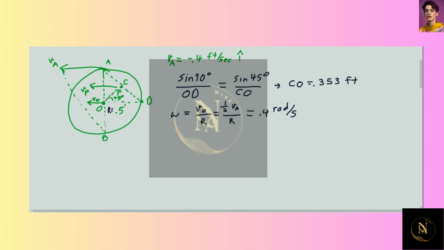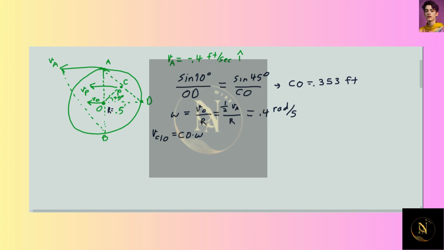Okay, so next we would like to find the velocity of C with respect to the origin. And that will simply be the length of CO, which we found above, times the rate of rotation, that angular velocity, omega.